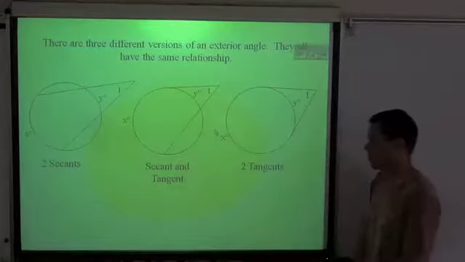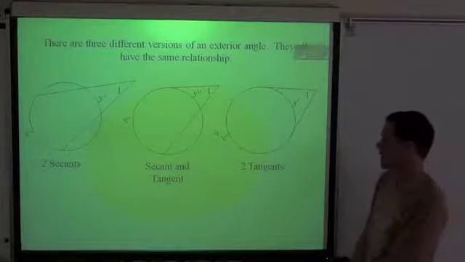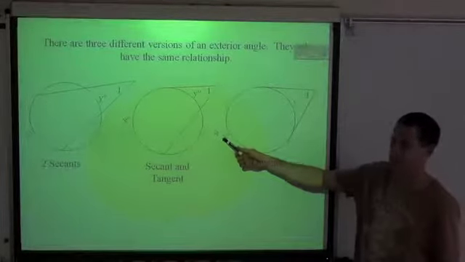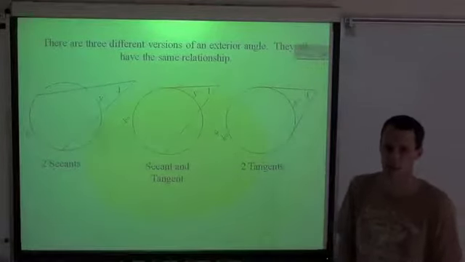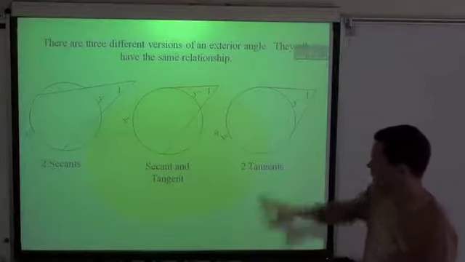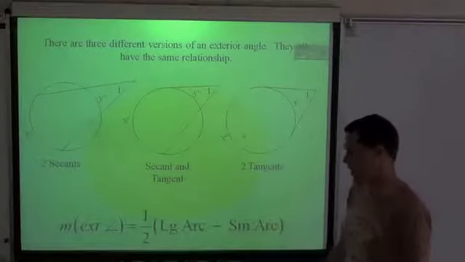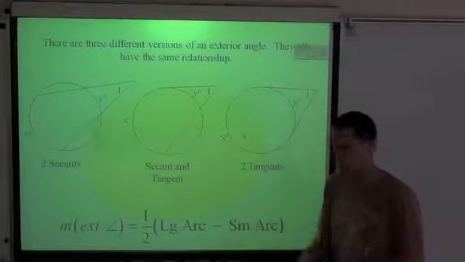It can also be formed with 2 tangents, which is the most unique one when we do our examples, because there are 2 arcs, large arc, small arc, but those 2 arcs together must add up to 360 degrees because they are the whole circle. All 3 of these pictures have the exact same relationship. 1/2 large arc minus small arc.